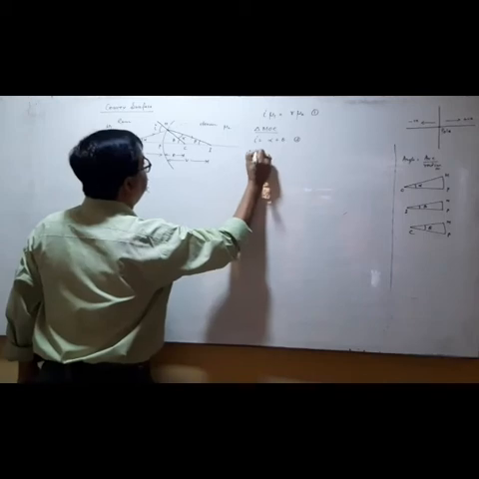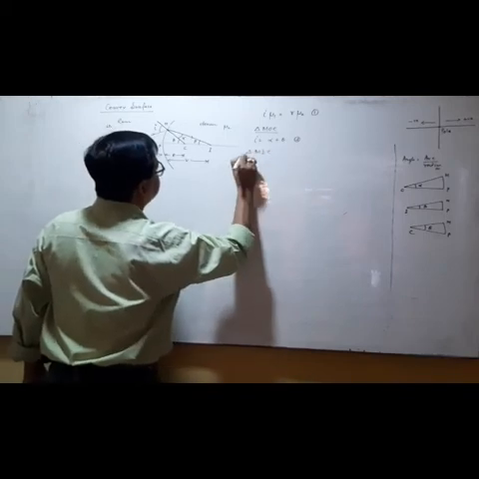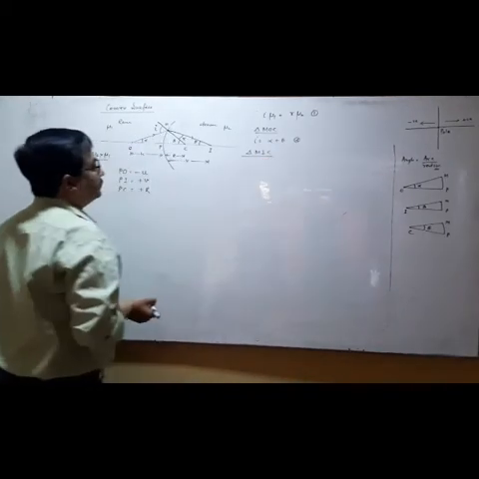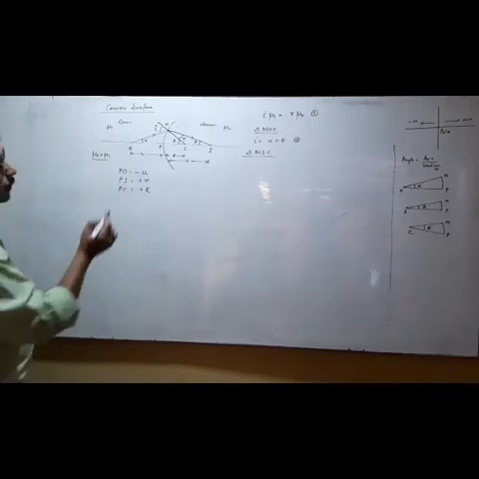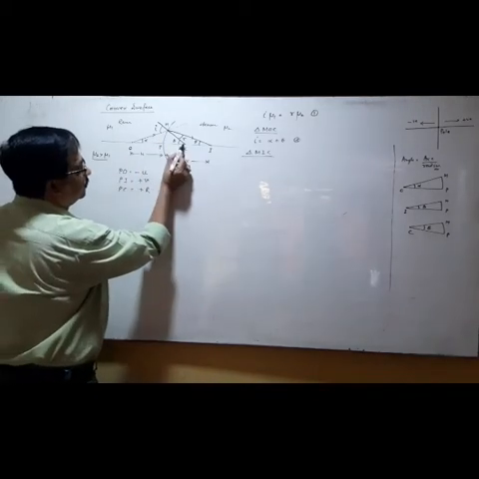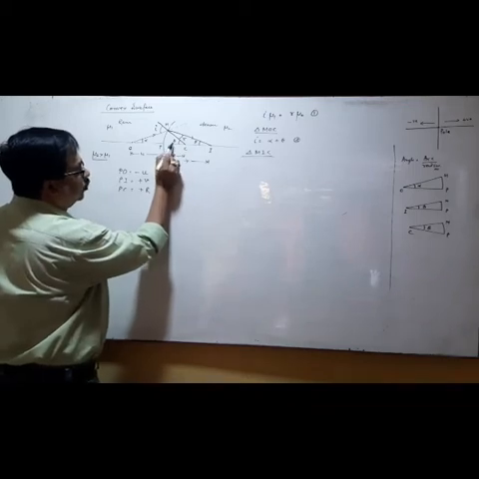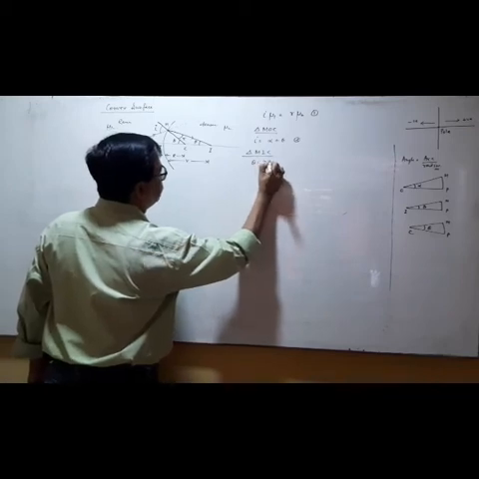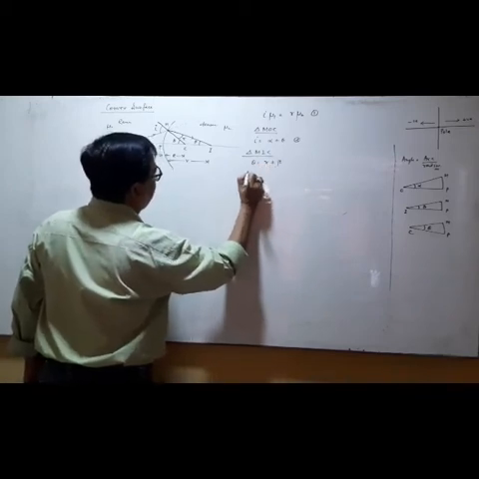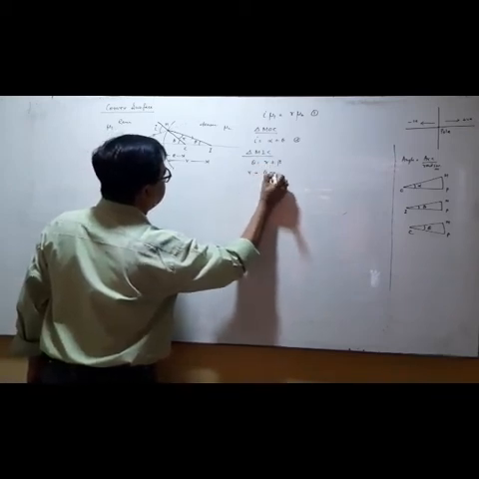And in triangle MIC, we can write theta is equal to r plus beta. So r can be written as theta minus beta.